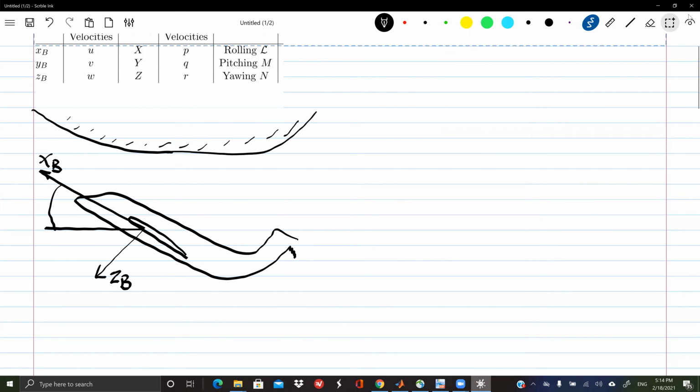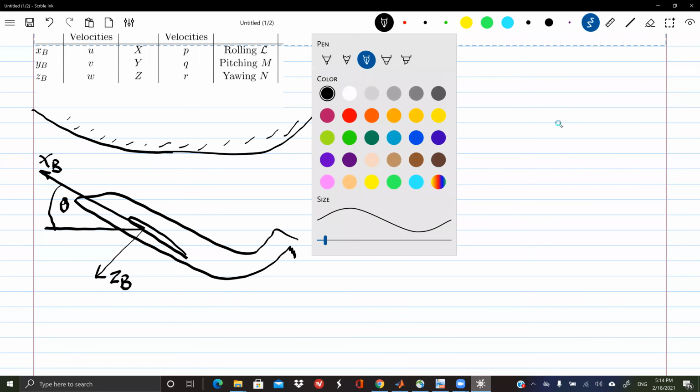Alpha. I did not draw the velocity vector. This is just the body, so this is indeed theta.